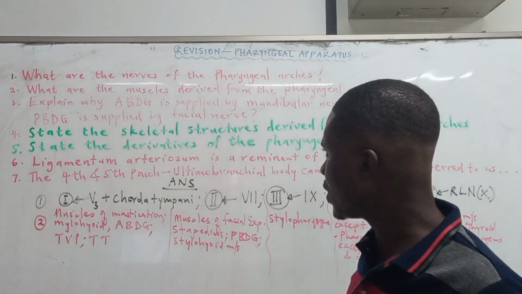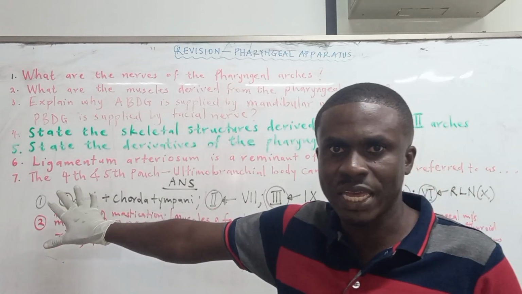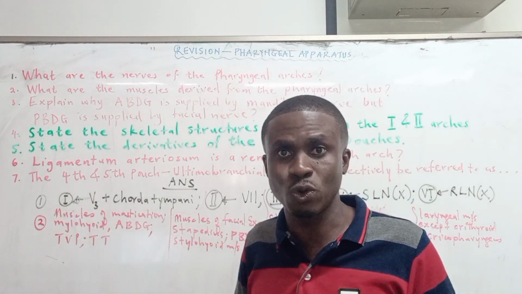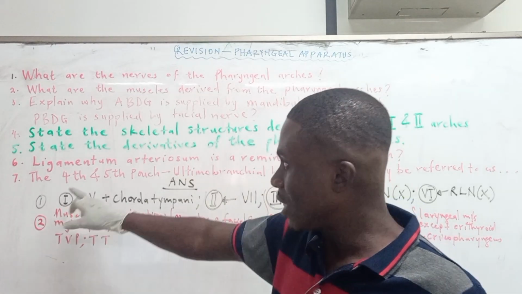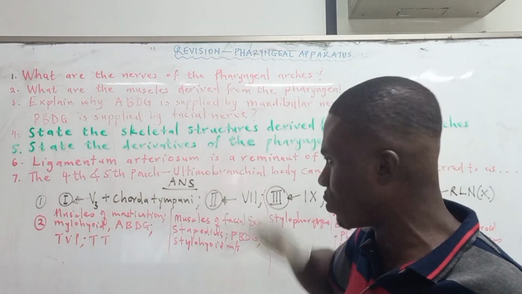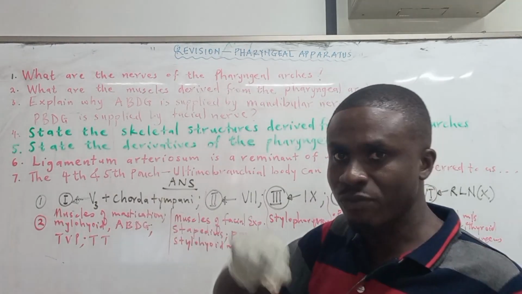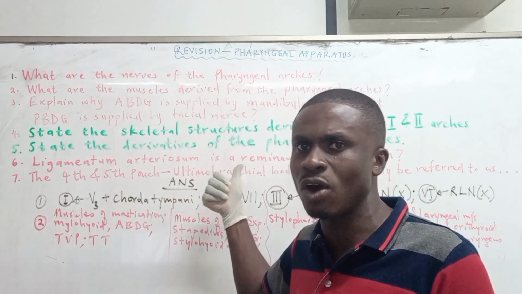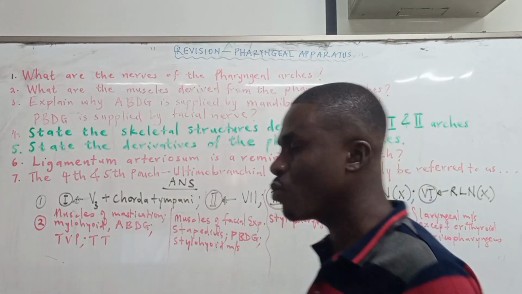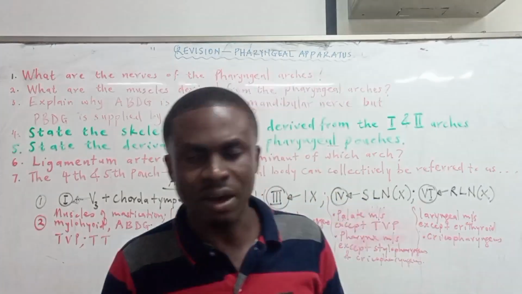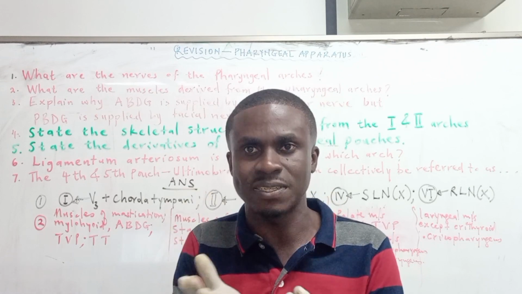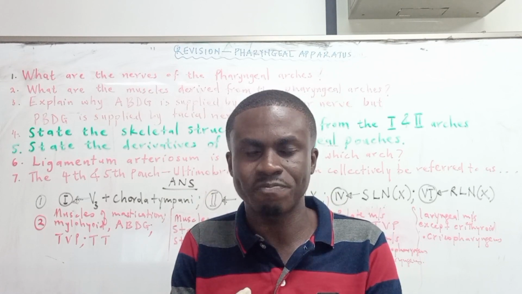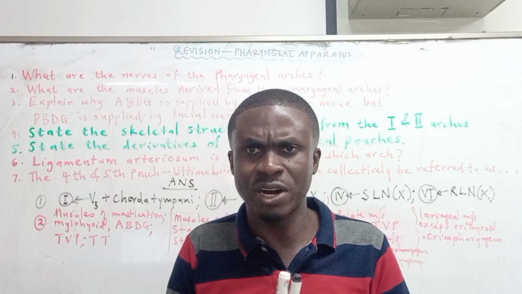Good. Now, finally, so that we bring this class to a close, this is a very rapid one that we're going through. The next one says the fourth and fifth pouch, which I've told you that the fifth pouch is our ultimobranchial body, can collectively be referred to as what? I told you that the ultimobranchial body is the last thing to be derived in the branchial apparatus.